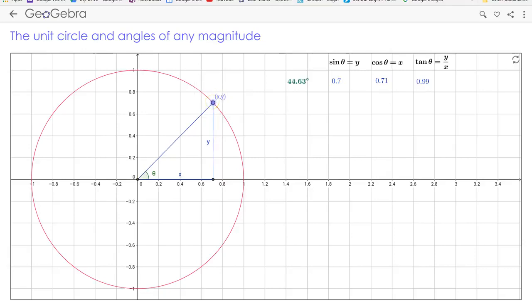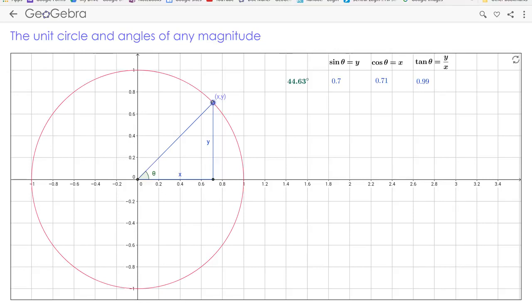But very close to 45, so sine theta is the y value, so the y coordinate of this point is 0.7. The x coordinate of this point is 0.71, so if it was exactly 45 degrees, we know these two values would be exactly the same. And then tan of effectively 45 we know has an exact value of 1, sine divided by cos.